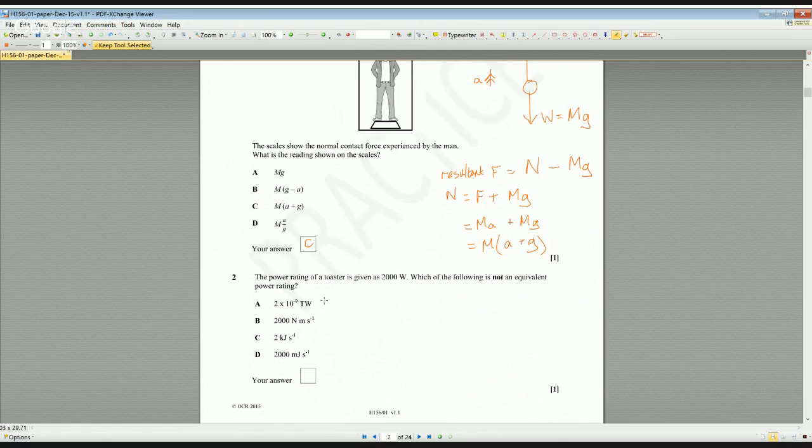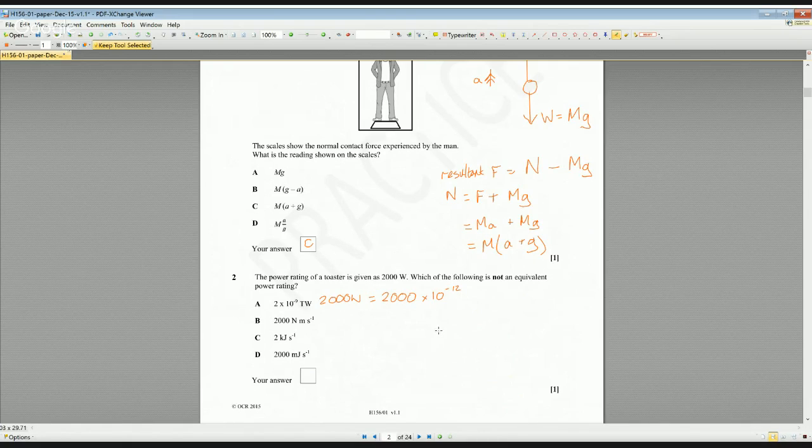So we can start here with 2 times 10 to the minus 9 terawatts. We know that 2,000 watts, if we were to put that into terawatts, we'd have to multiply it by 10 to the power of minus 12.